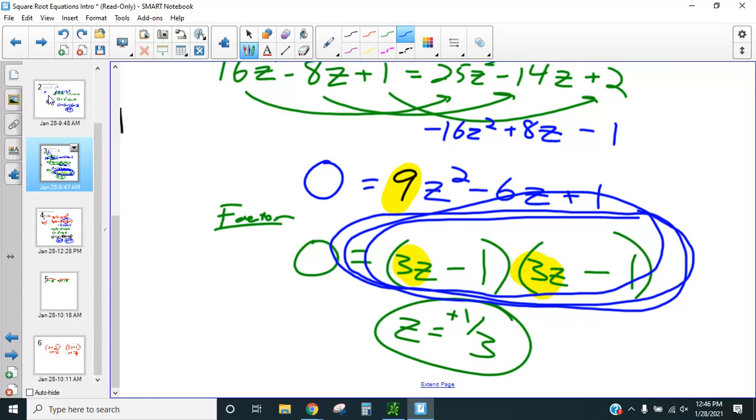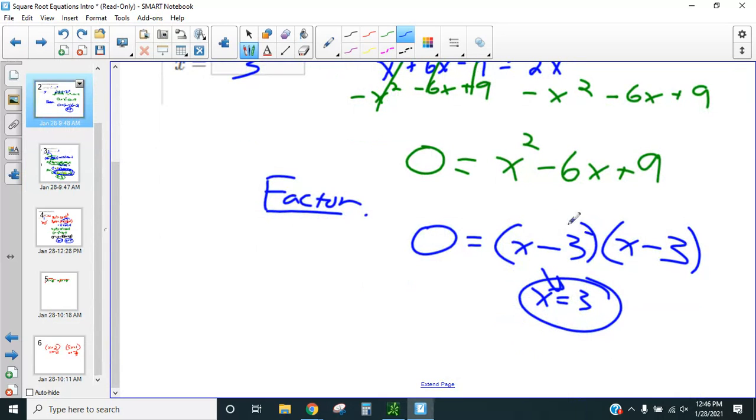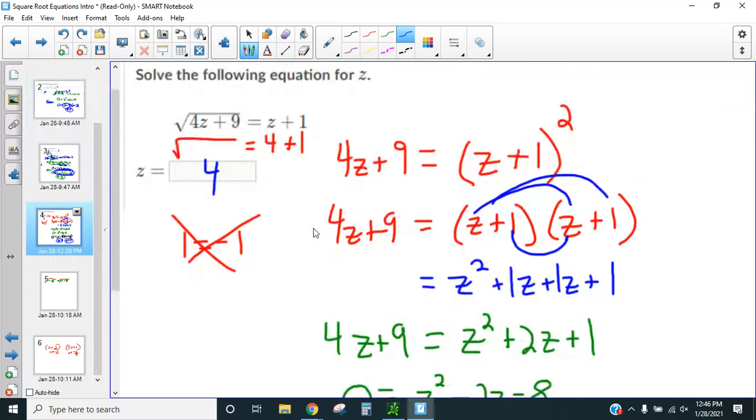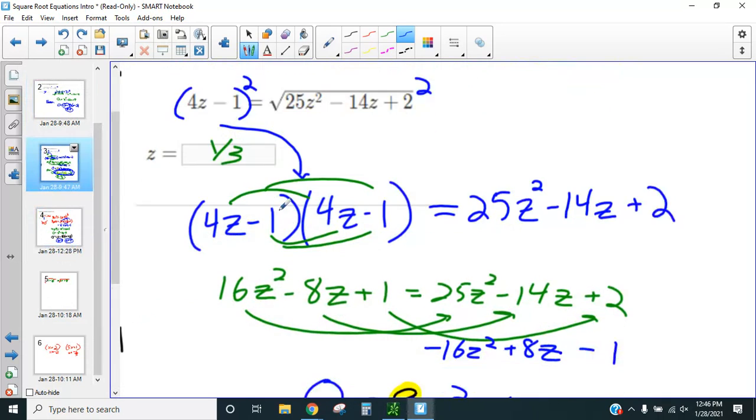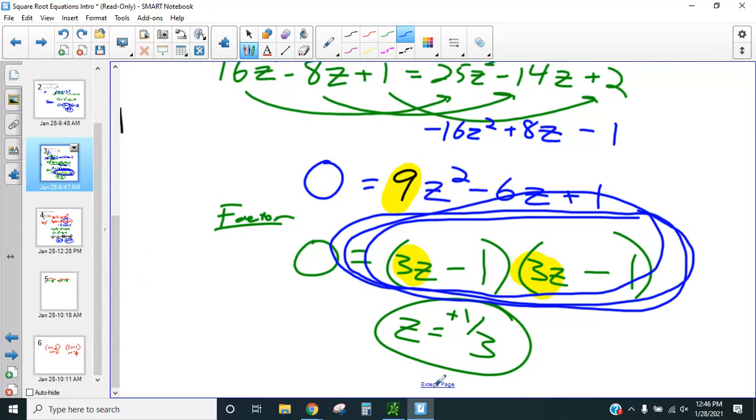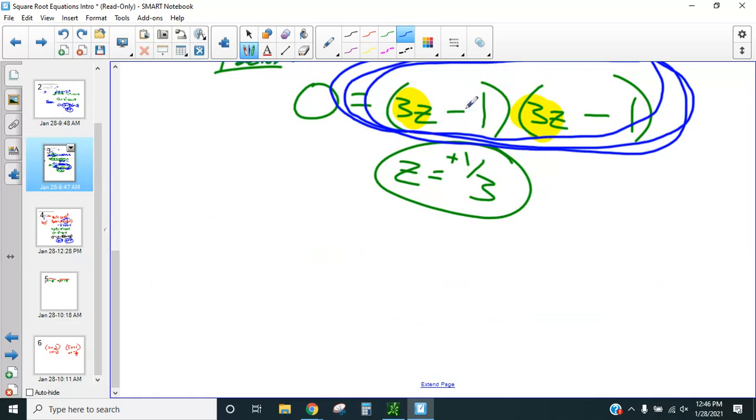So then it was easy to tell what the answer is here. It's just the opposite, right? That's real simple. But what is the solution? Oh, sorry. What's the solution when I end up with factors like this? Well, I take the opposite of -1, which is +1, and I do the opposite of times 3, which means divide by 3. So when I see this, my solution is actually 1/3.